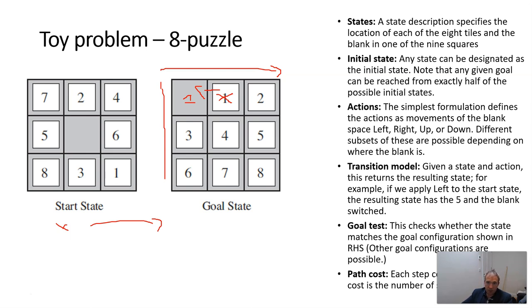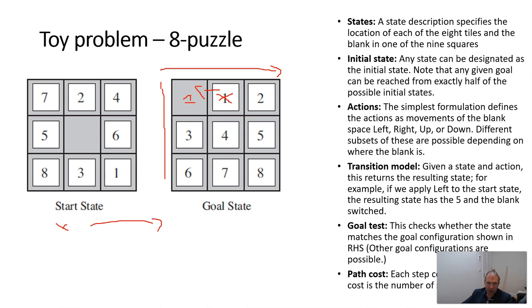So our states: the state description specifies the location of each of the 8 tiles and the blank in one of the 9 squares. The initial state: any state can be designated as the initial state. Note that any given goal can be reached from exactly half of the possible states. Actions: the simplest formulation defines the actions as movements of the blank space: left, right, up or down. Different subsets of these are possible depending on where the blank is.